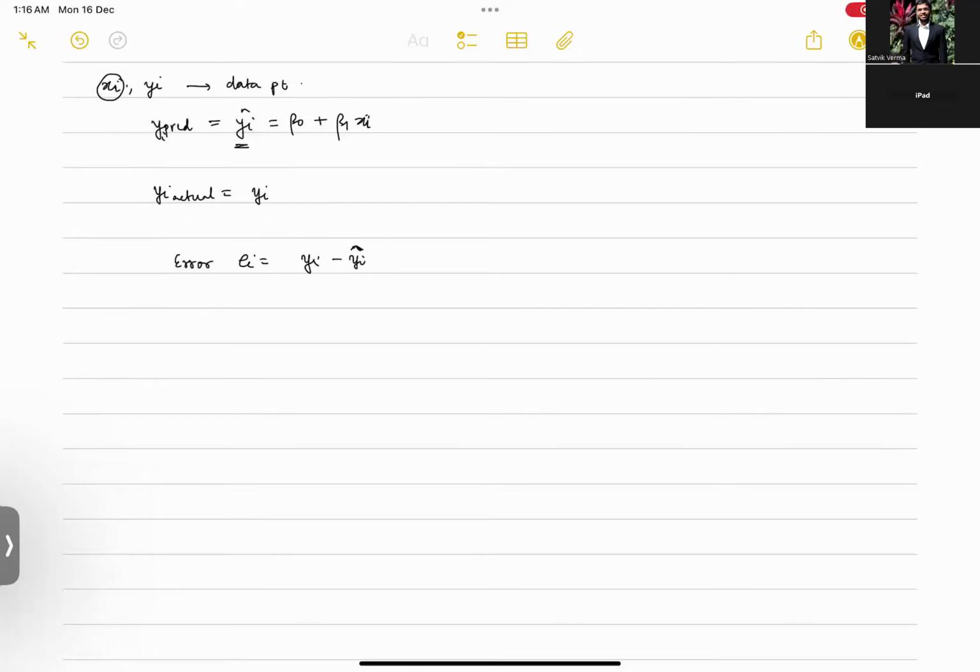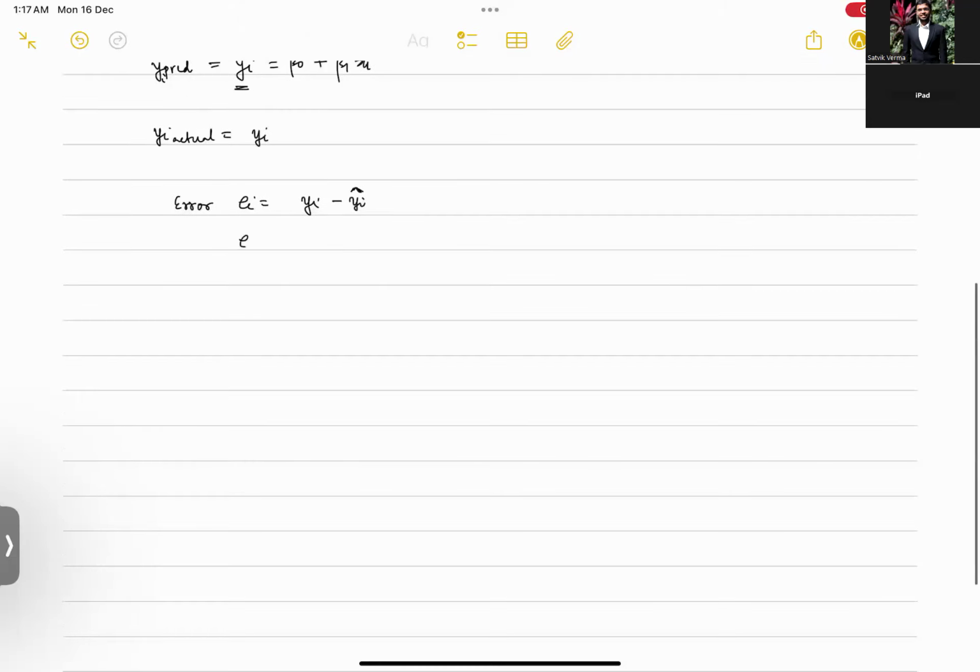Now, these errors could be positive or negative, right? But if we just want the errors to be positive, one way could be we take an absolute value or a mod of this. But a more efficient way that has been seen is that we take a square of these errors. All right. So we'll take a square of these errors, right?